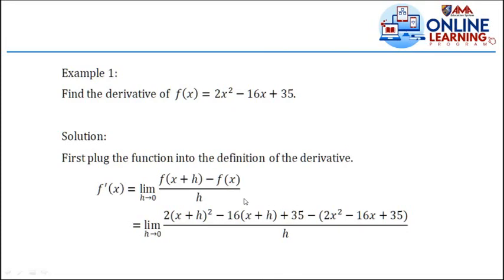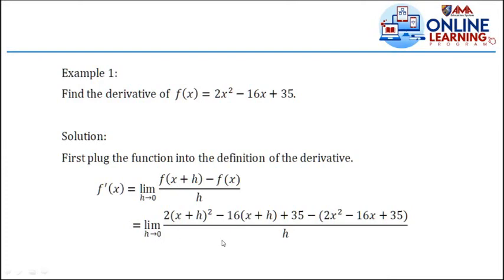So we've arranged this condition. Minus the function of x, which is equal to your y: 2x squared minus 16x plus 35, then divided by h as h approaches 0.